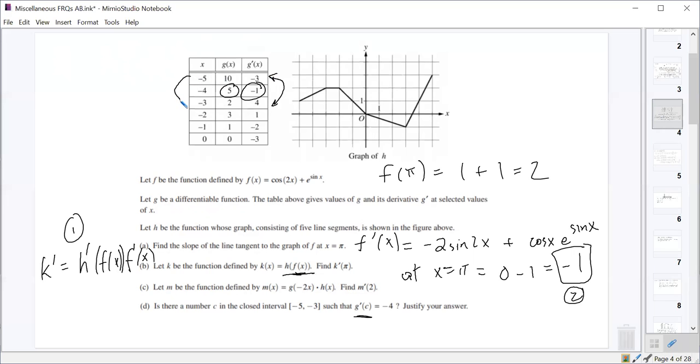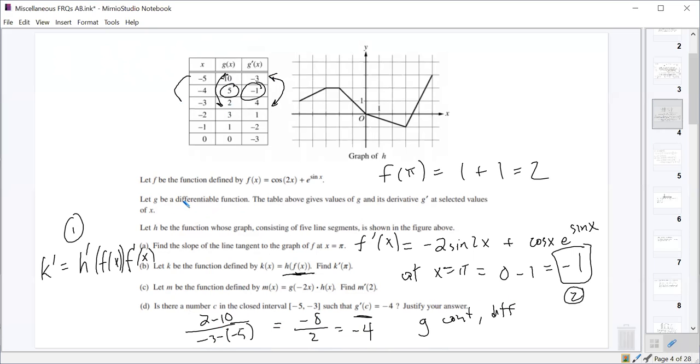The other option is to look at the values of G. So we'll do 2 minus 10 over -3 minus -5. And what does that give us? That gives us -8 over 2, which is -4. And so we would state that G is continuous and differentiable.